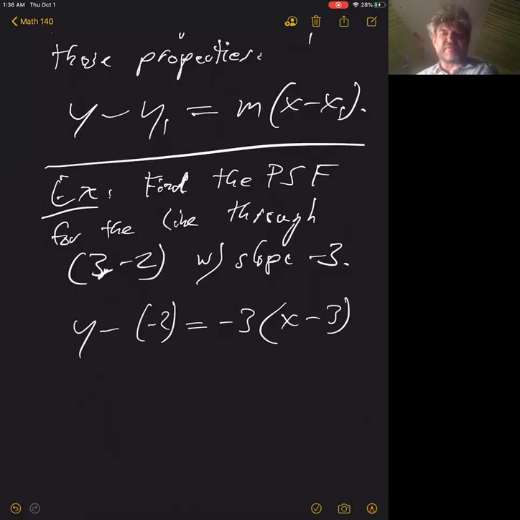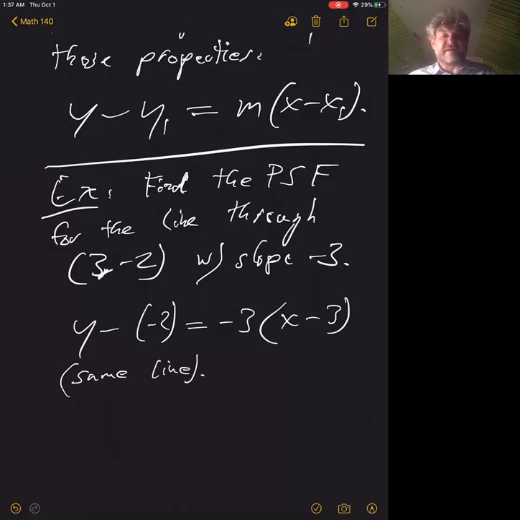And there's always people who want to simplify that until you get to the slope-intercept equation, which of course is the same as before. I'm recycling that example. And all I'm saying is you don't have to. If you just ask for a point slope form, this is perfectly fine.